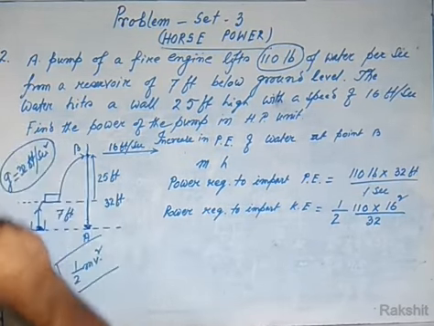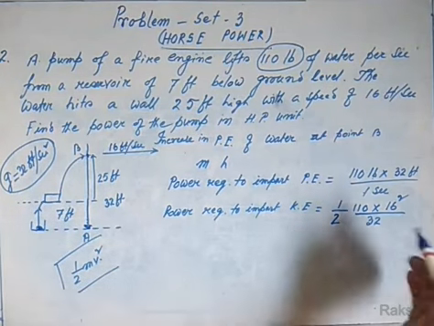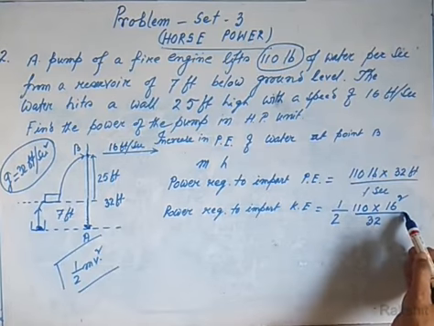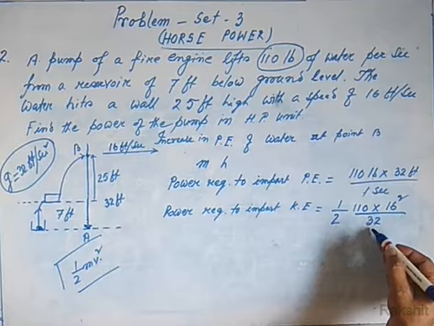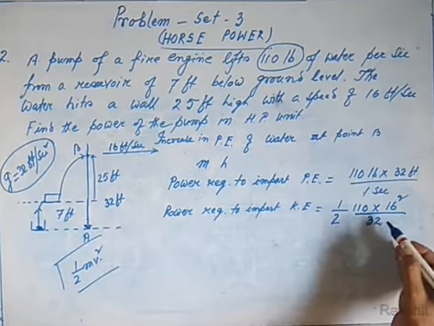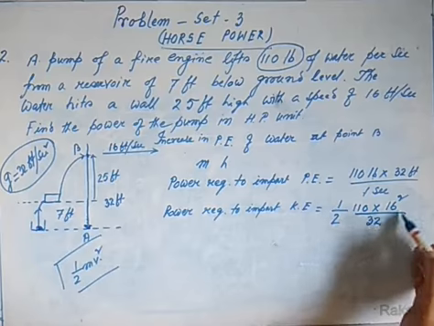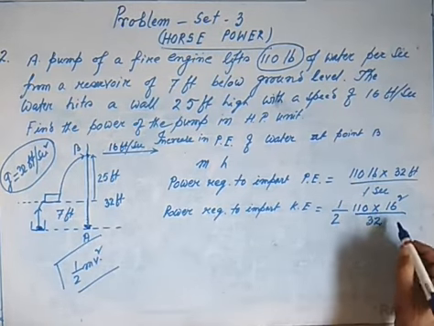Remember, when kinetic energy, half mv square, is converted to foot-pound per second unit, the factor 32 is needed, and we divide the whole amount of energy by 32 for uniformity of the unit system.